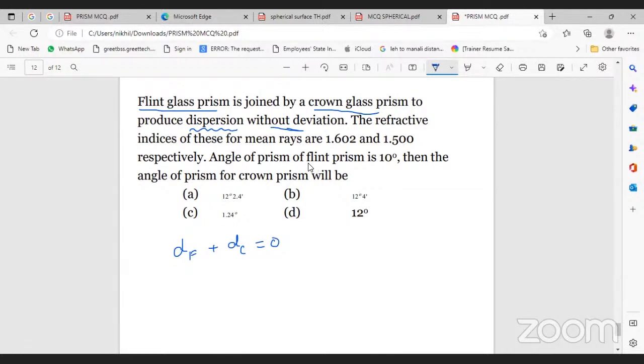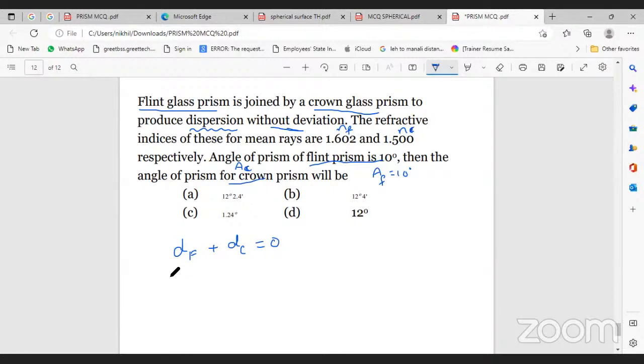Now, what is the angle of the prism of the flint glass they have given? Flint glass is 10 degrees. What is the angle of the prism of the crown glass? You have to find. Refractive index of the flint glass is 1.602, and refractive index of crown glass is 1.5.